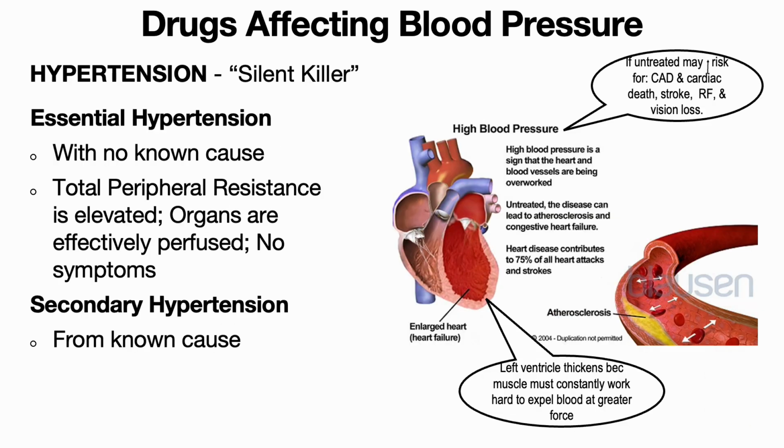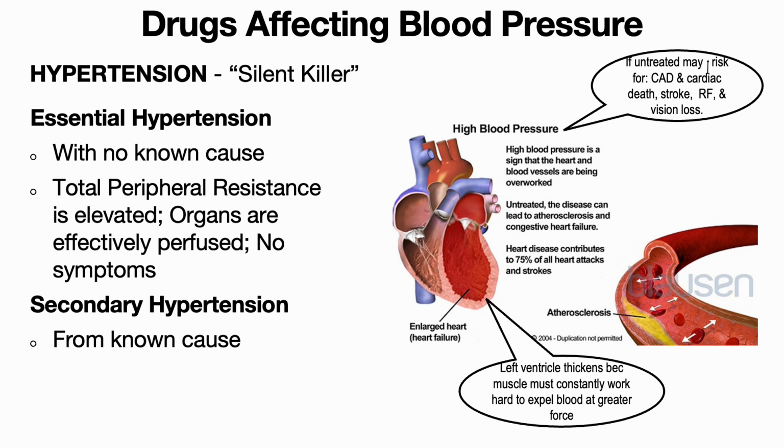The hypertension, which is an increase in the blood pressure above normal, is known also to be the silent killer. So there are two types of hypertension, the essential and secondary hypertension. Essential hypertension is with no known cause. Total peripheral resistance is elevated, organs are effectively perfused, and there are no symptoms.